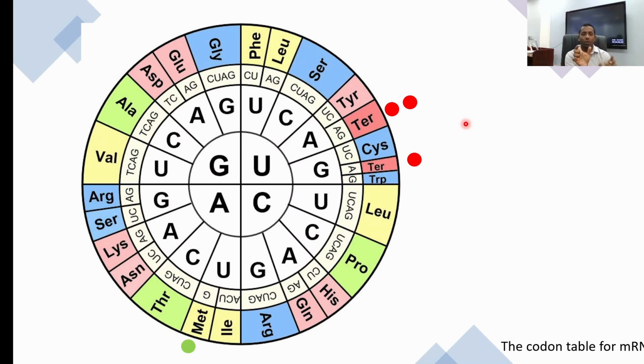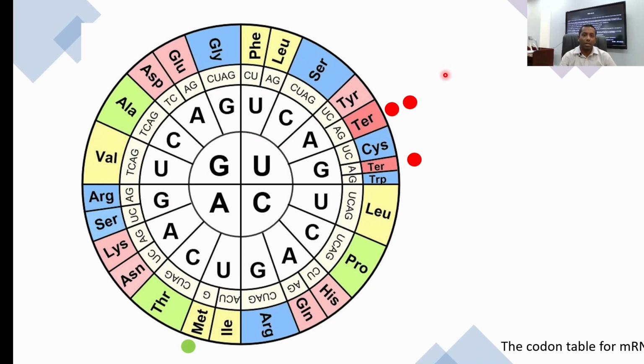So in the tRNA molecule, we need 3 nucleotide base pairs which are complementary to this mRNA molecule, right?